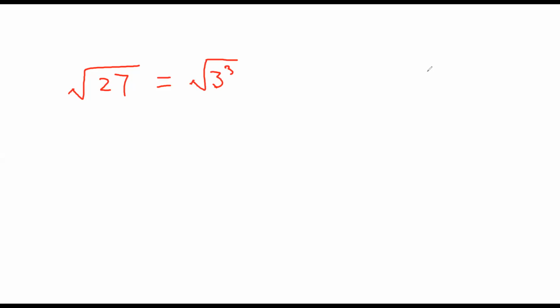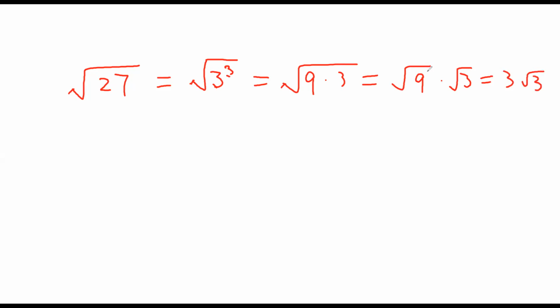So in this part, you can say 9 times 3, square root. They can be separated, right? They can be separated. So it became 3 over the square root 3.